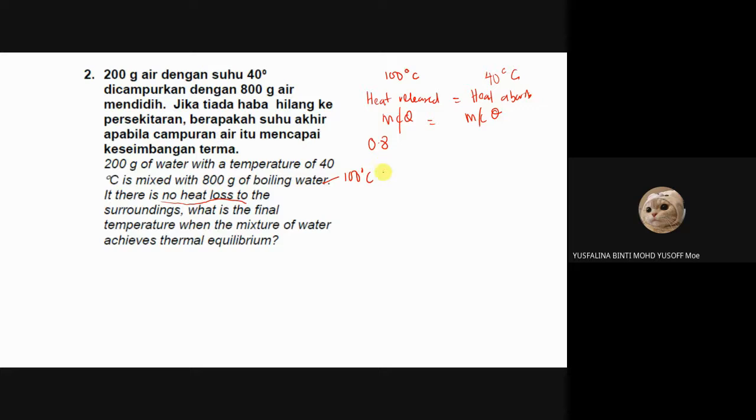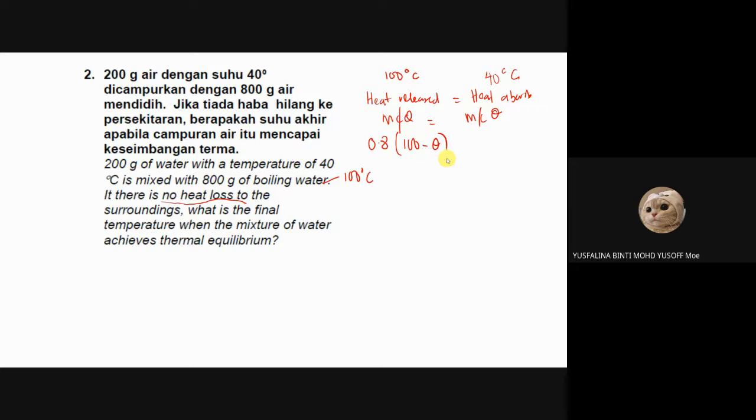And the theta. You told me just now the heat release, so the temperature will decrease, right? When it decreases, it is 100 minus theta, because the heat will be released so the temperature will decrease.